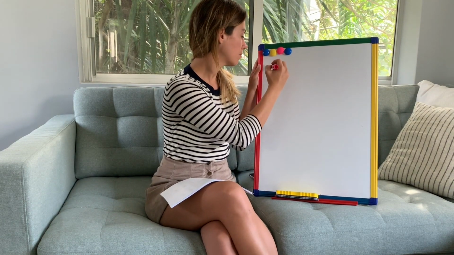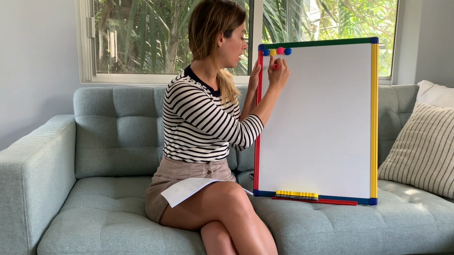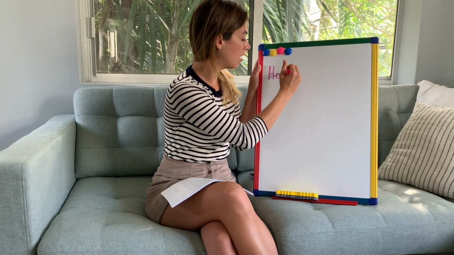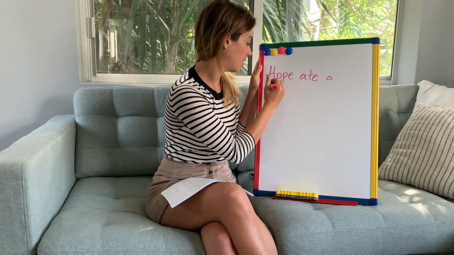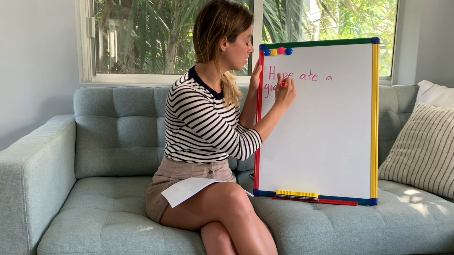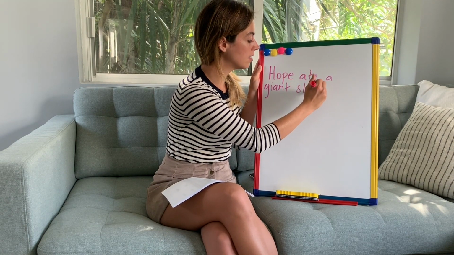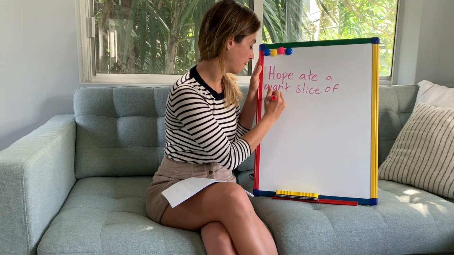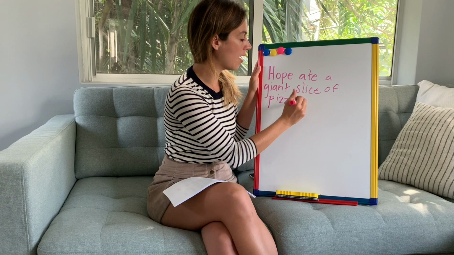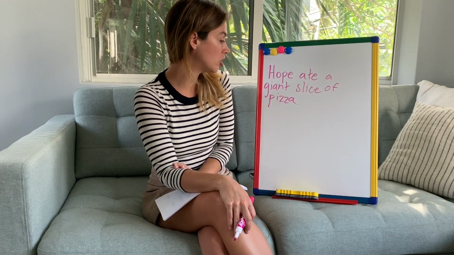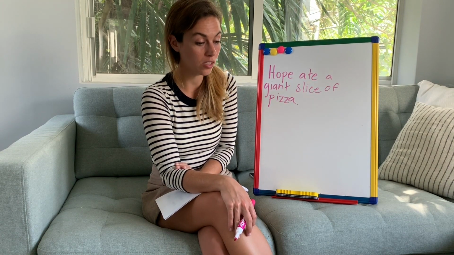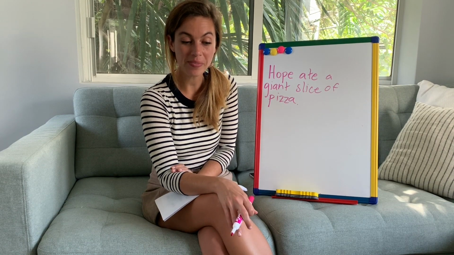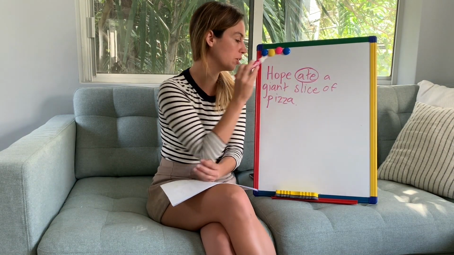Are we ready? Who ate a giant slice of pizza? Hope ate a giant slice of pizza. Which word is the verb? Which word tells us what Hope is doing? Or Hope did? Ate. Very good. Ate is our verb.